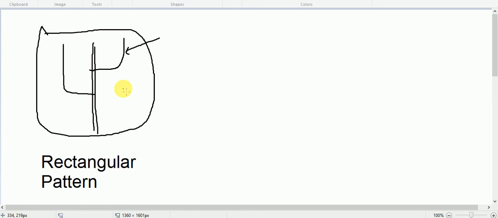The main difference is that in case of trellis pattern, the surface is covered with alternate vein of hard and soft rock, whereas in case of rectangular pattern, the surface is covered with hard rocks only, but the river and the streams are flowing through the cracks and the joints. That is the main difference. The shape is almost the same.